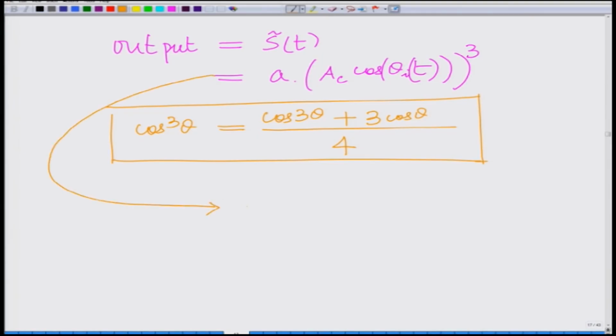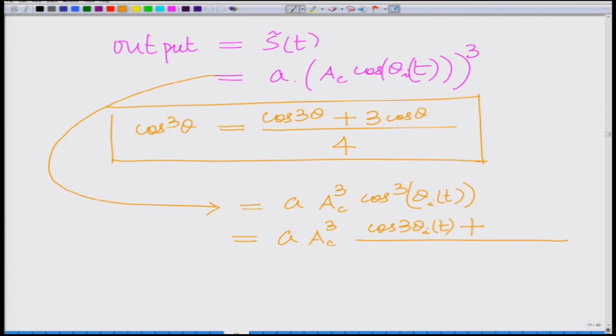I am going to use this property to simplify the output. So, the output is a A_c cube cosine cube theta_i(t), which I can write as a A_c cube times cosine 3 theta_i(t) plus 3 cosine theta_i(t) divided by 4, where here I have used this property, cosine cube theta equals cosine 3 theta plus 3 cosine theta divided by 4, to simplify it.